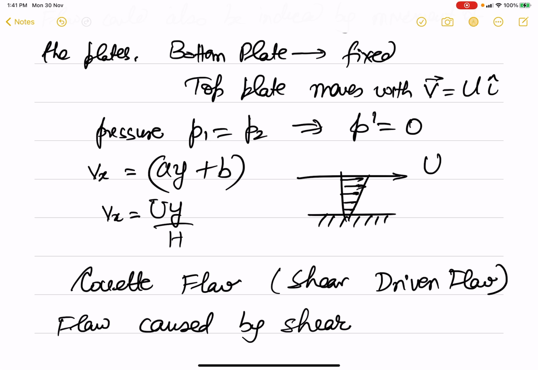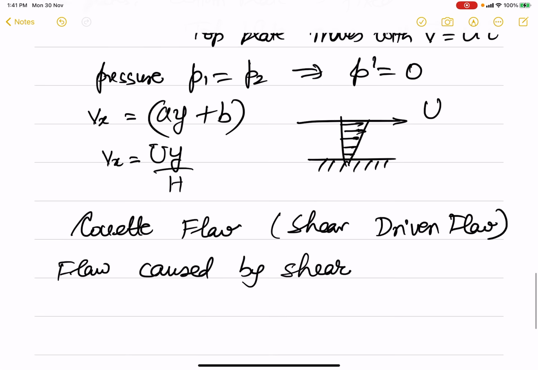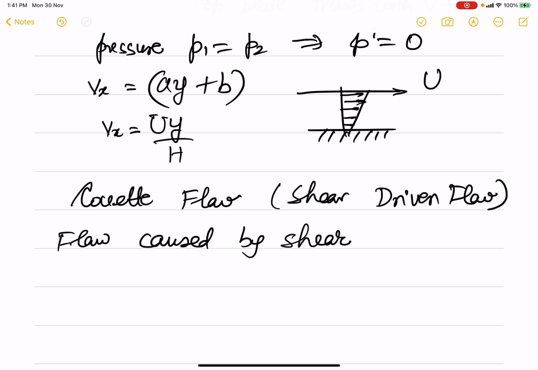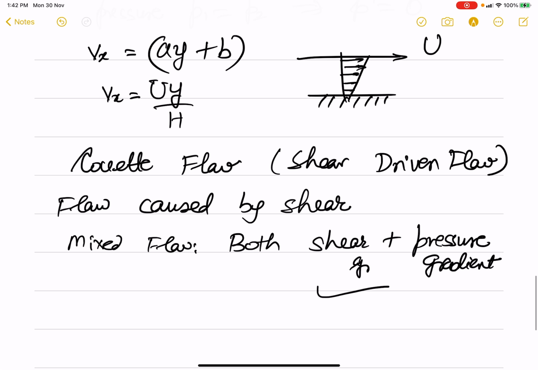This flow, as you realize, is not caused by the pressure gradient, but you could also have mixed flow, that is both shear and pressure gradient. And there could be different combinations.